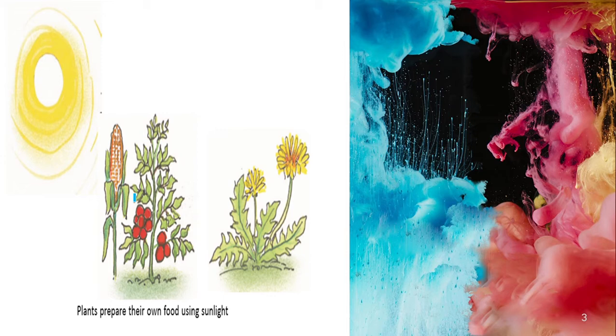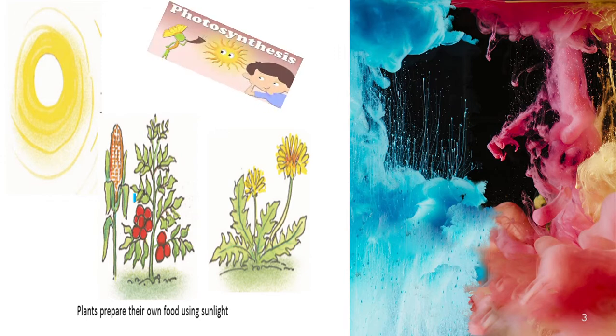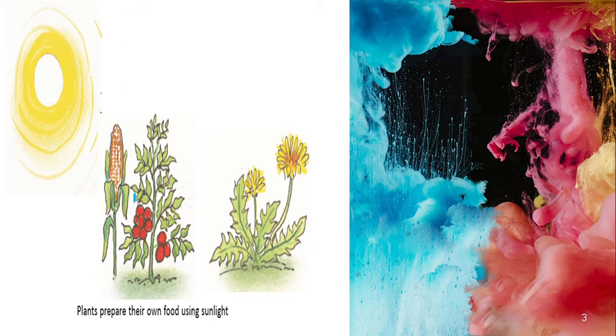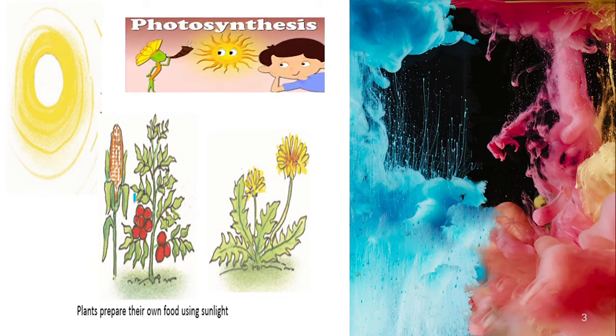So how do they make their own food and how do they prepare oxygen? This all is done in the process of photosynthesis. But there is a question of how the process of photosynthesis occurs. So let's have a look at this.